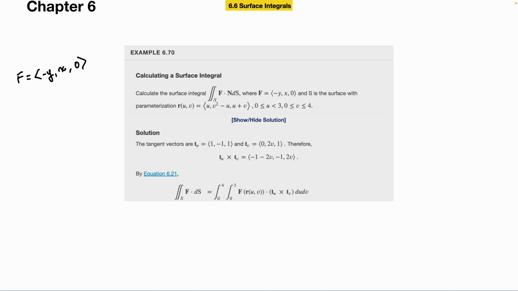And then we have a surface, r vector, given in u's and v's, where in the i direction, we want to take u. In the j direction, we want to take the difference of u squared and v. And in the k direction, we take the sum of u and v.